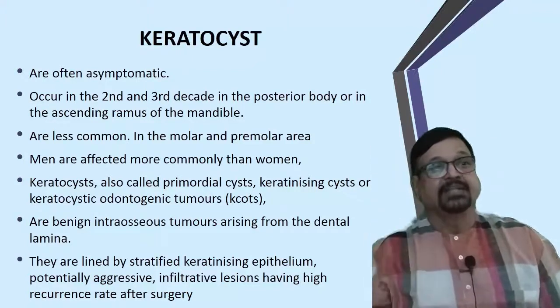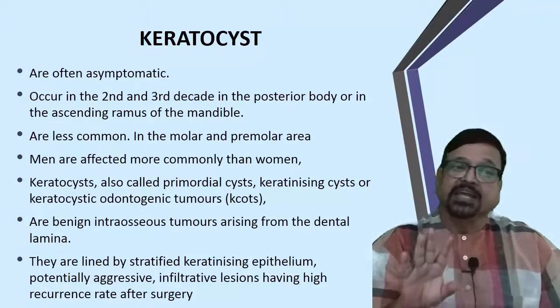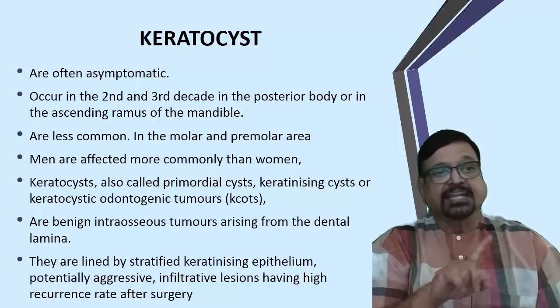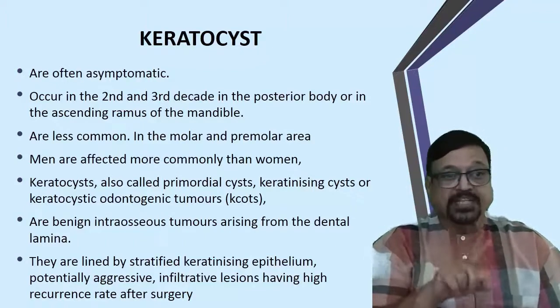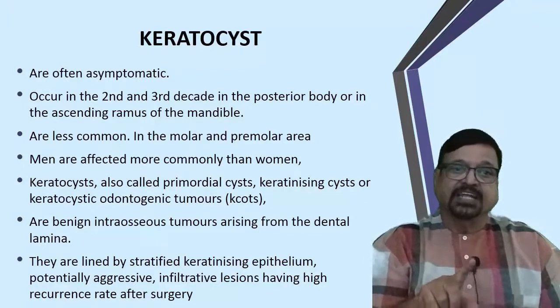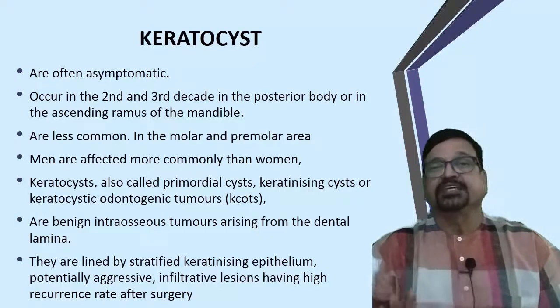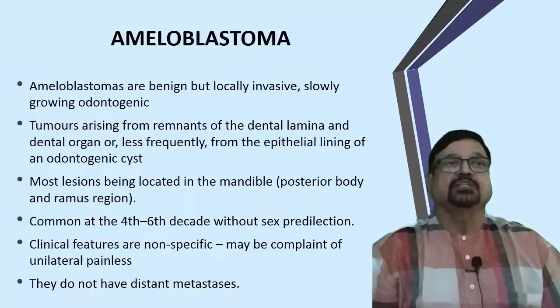They are benign intraosseous tumors arising from dental lamina. Okay, fine. Then they are lined by stratified keratinizing epithelium, potentially aggressive, so locally aggressive, infiltrative lesion having high recurrence after the surgery.